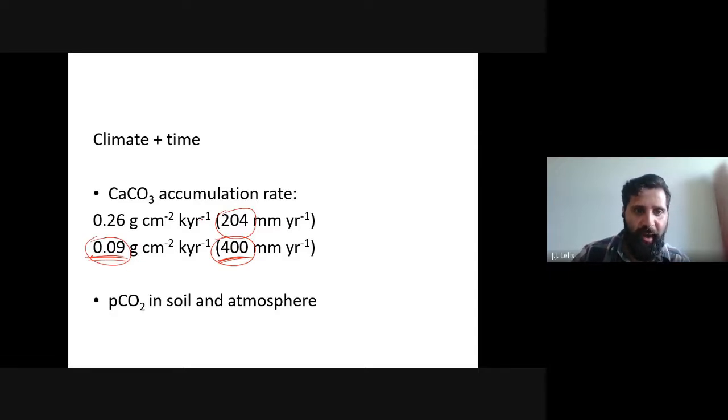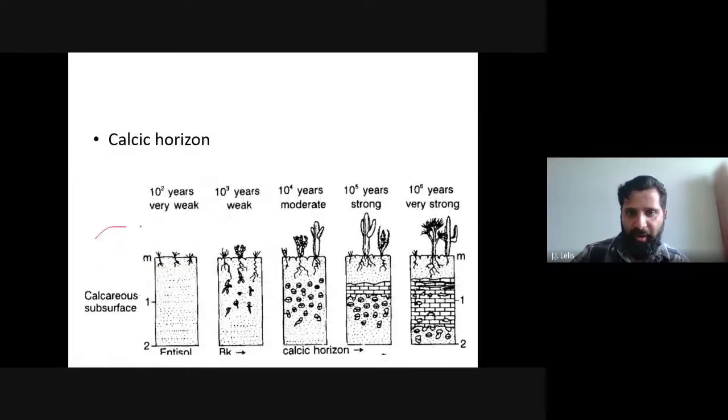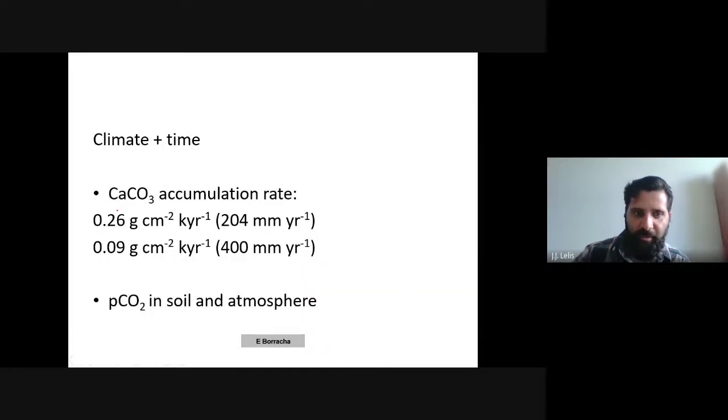But if you have a lower precipitation, like both are dry climates, but of course this one is drier, you can get a higher concentration of calcium carbonate, and of course this process of formation of a calcic horizon will be faster in a drier condition than in a wetter condition.